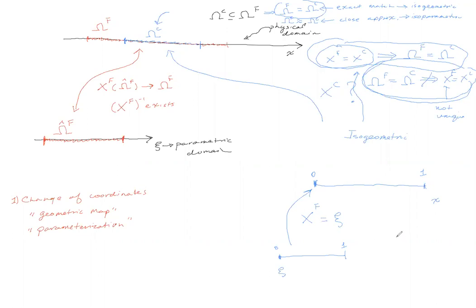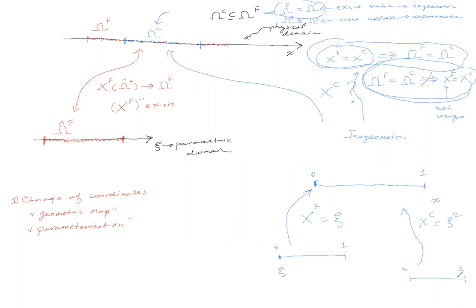Okay, now why don't we make our geometry X sub C equal to XC squared? Okay, so the endpoints still map. So 0 squared is 0, so it maps there. 1 squared is 1, so it maps there.